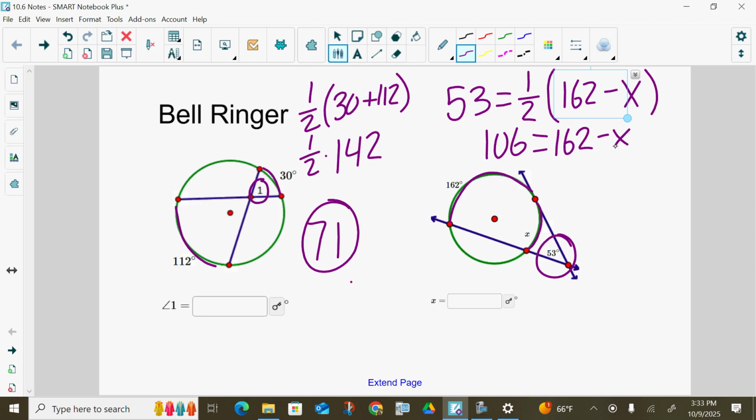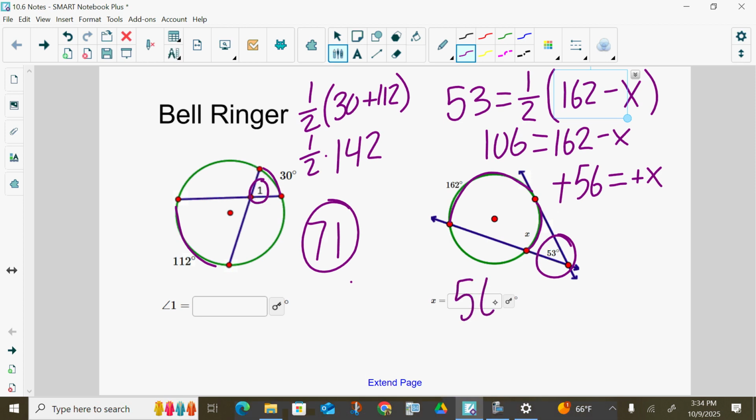I'll subtract 162 from both sides, and I get negative 56 equals negative x, but I want a positive x, so I'm going to change the signs on both sides. So x equals 56. That's what we should have for number 2. So give your partner an x or give them a circle if they got it right. Trade your papers back and take out your notes.